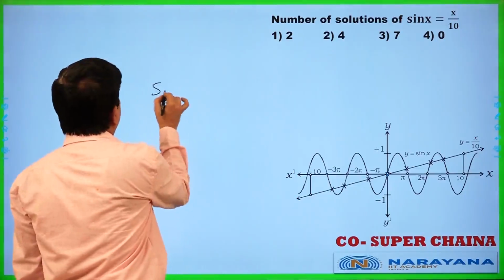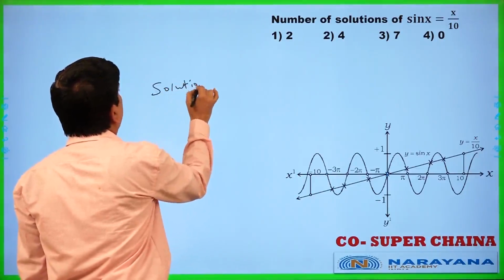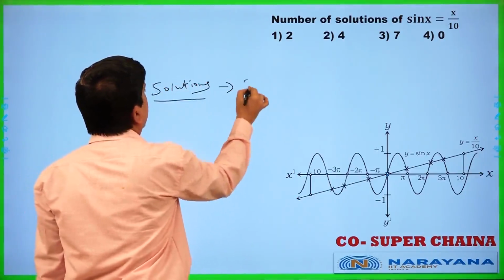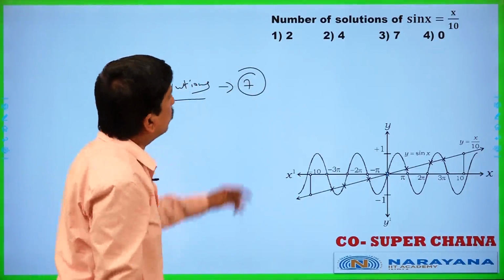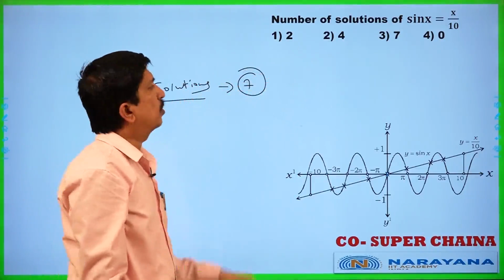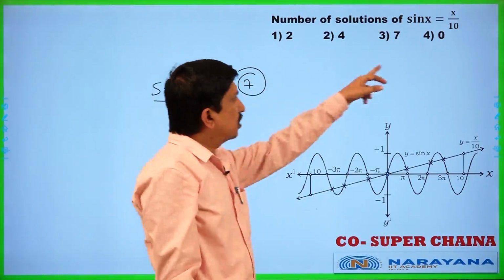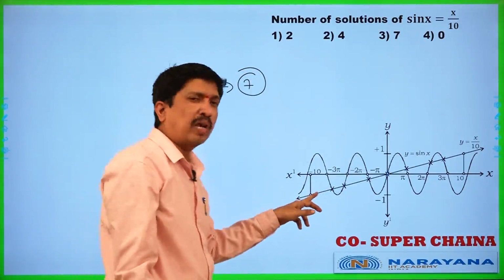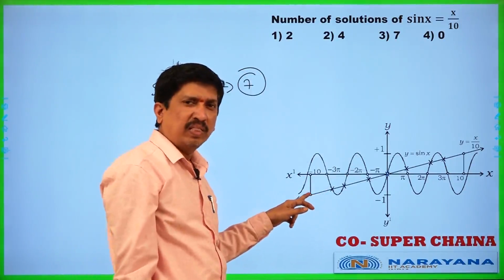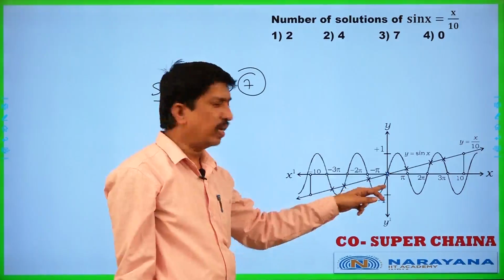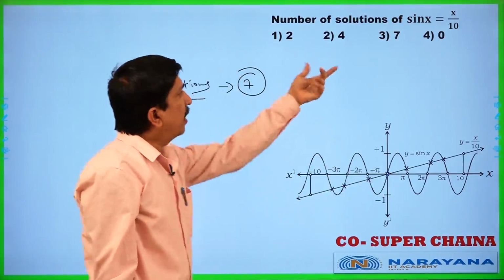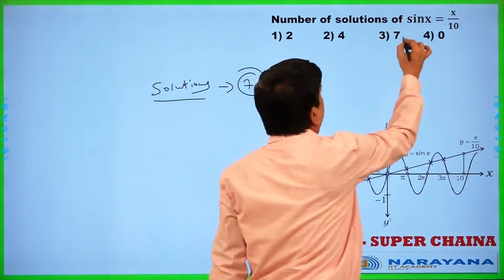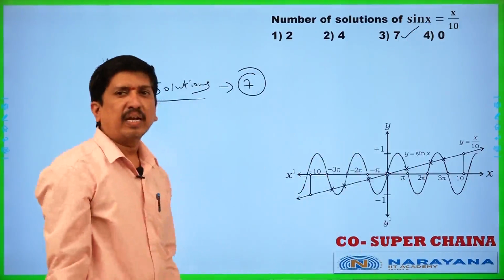Number of solutions of sin x equal to x by 10: options 2, 4, 7, 0. Clearly you are taking that. The cross mark is also there in this graph; they are said to be points of intersection. So the number of solutions is 7 only. That is the right answer.